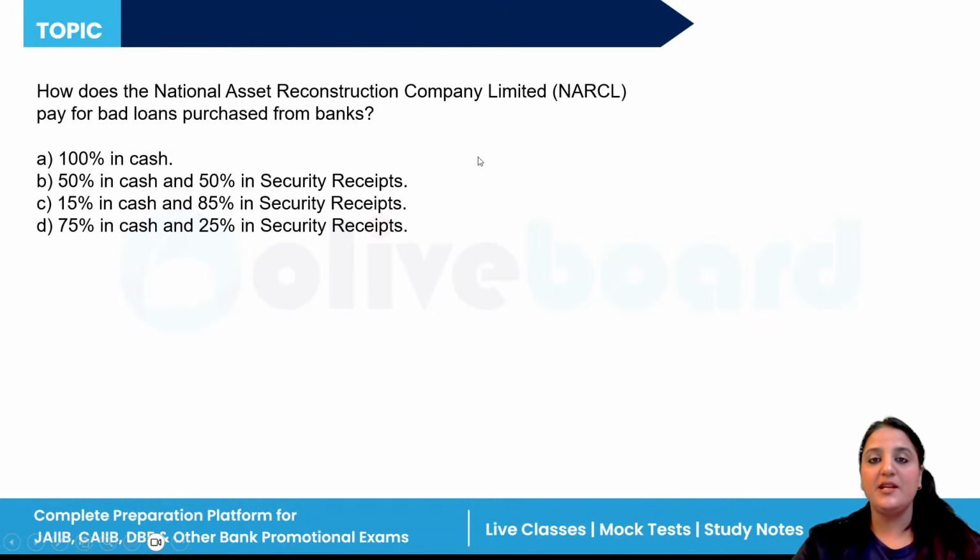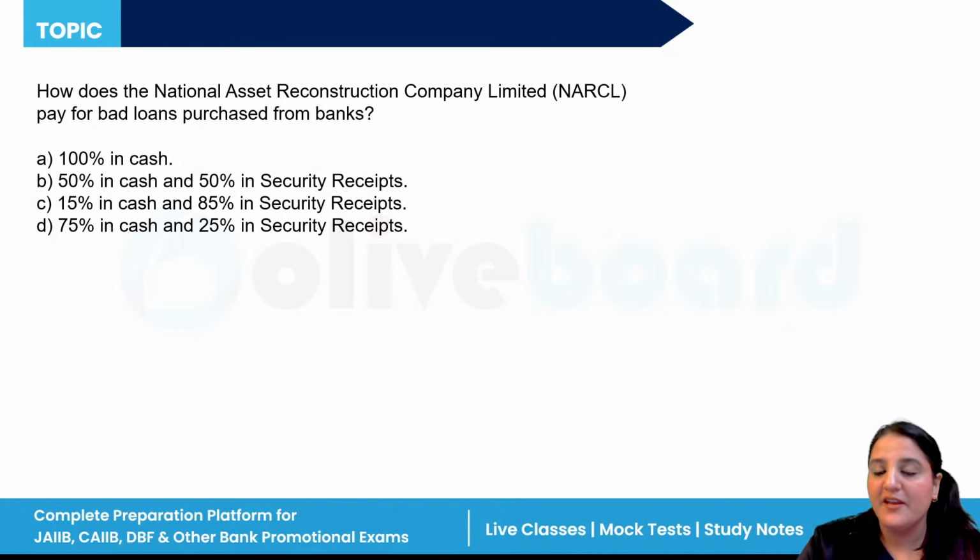How does the National Asset Reconstruction Company pay for bad loans purchased from the banks? NARCL will purchase bad loans from the bank.